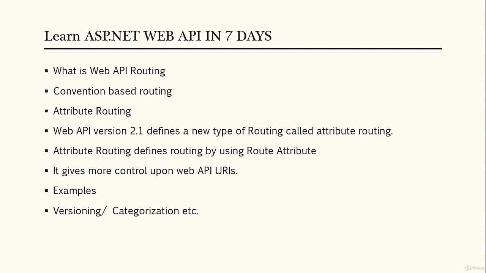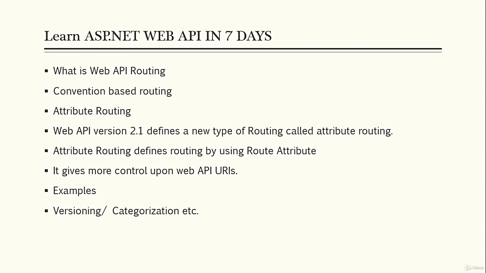The other use of attribute routing is categorization of resources. So suppose you want to get orders from one particular vendor, and then you want to get orders from that vendor based on two different parameters, like one can be date and another one can be price or cost of the product.